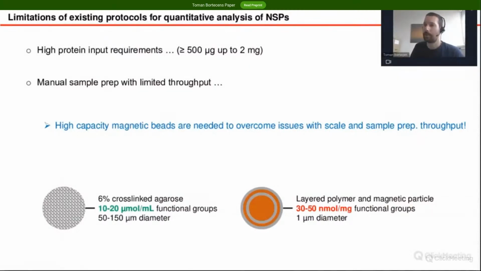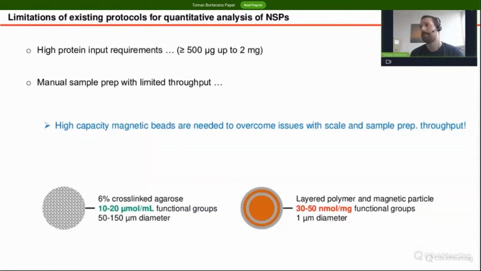There are some commercial alternatives, such as these magnetic beads, which are a layered polymer and magnetite particle, which of course at first glimpse would seem to solve this problem, that we now have a magnetic bead type that can be used to automate and essentially improve this enrichment.